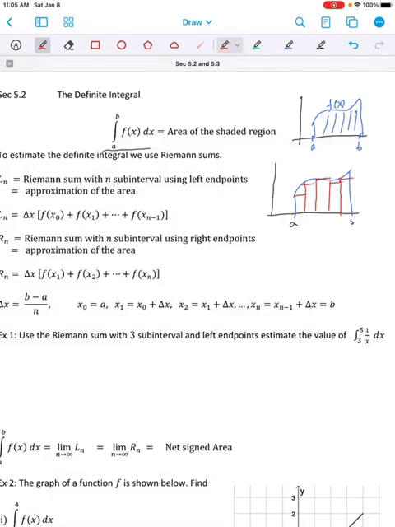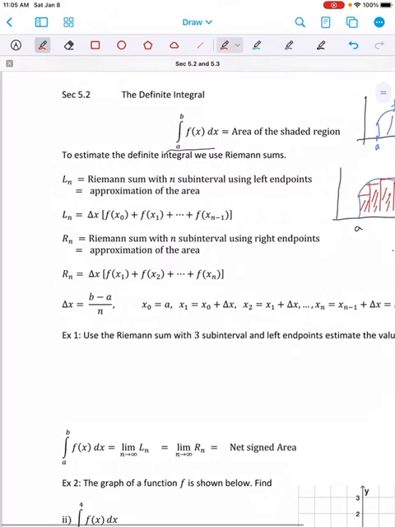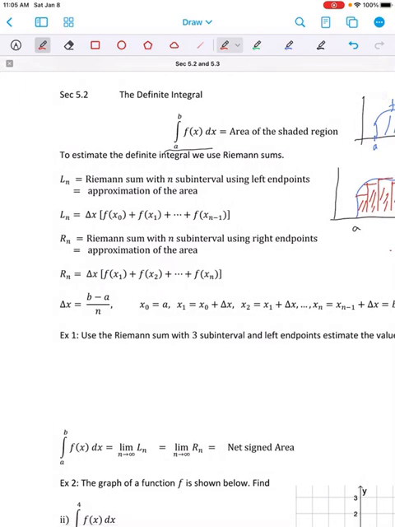Then the area of these rectangles will be L_n. That will be the left Riemann sum, or the Riemann sum with n subintervals using the left endpoints.